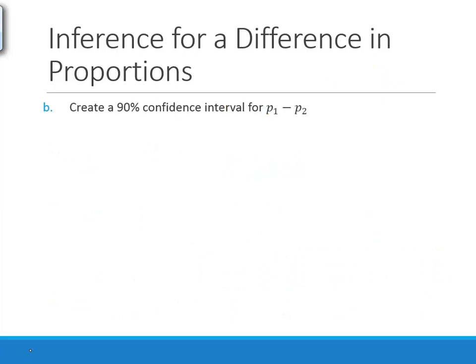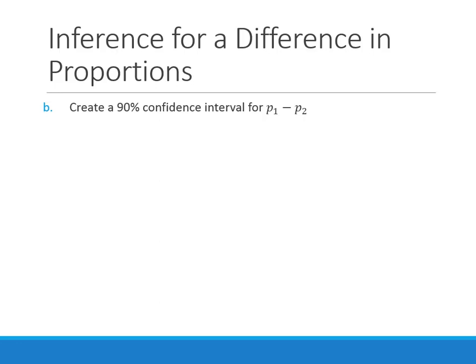Okay, so maybe I haven't done this quite in this way, but the usefulness of doing a confidence interval for this difference is, okay, we said that there is a difference. We said that P1 minus P2 is less than 0, but we haven't said what that difference is, right?